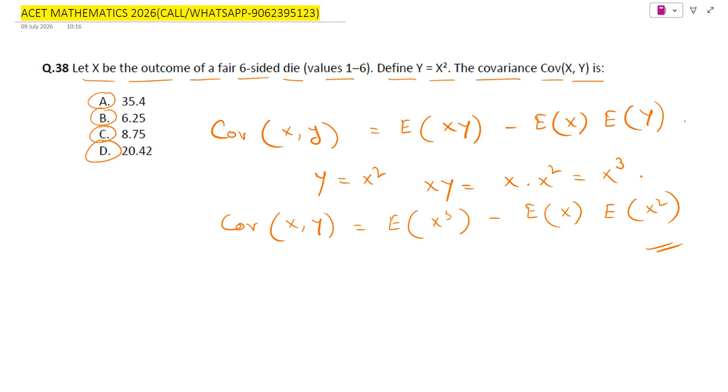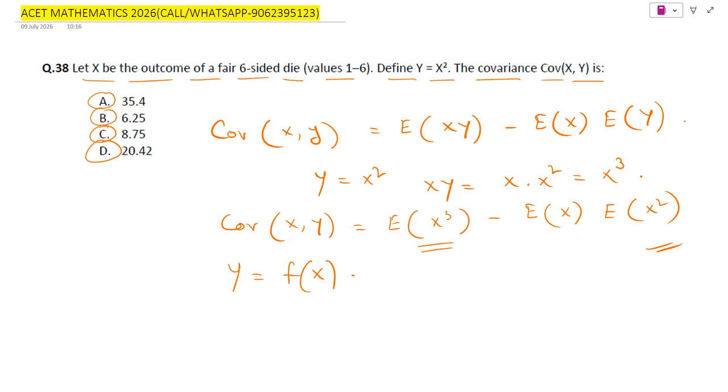Now notice something very interesting. The examiner never directly asks you to calculate this expectation of X cube. Instead, the question is disguised as a covariance problem. So whenever you see Y equal to f of X, always try to rewrite the formula first. Often the problem becomes much easier.